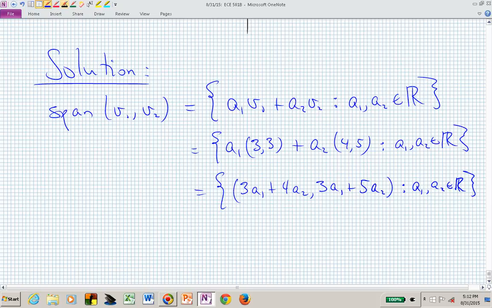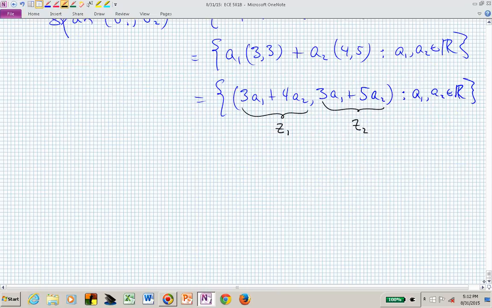And what you've told me is we can cover any point in R2. So this should give us any coordinate z1 and any coordinate z sub 2 by the choice of a1 and a2. If we can get anywhere in the xy plane, that means you can give me any z1 and any z2, and I can find an a1 and an a sub 2 that will linearly combine 3, 3, and 4, 5 to get you to that point. And that's what I'm doing.